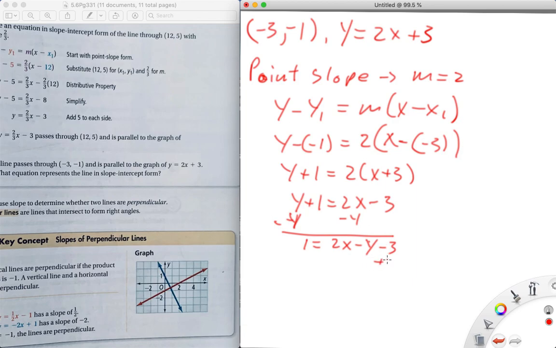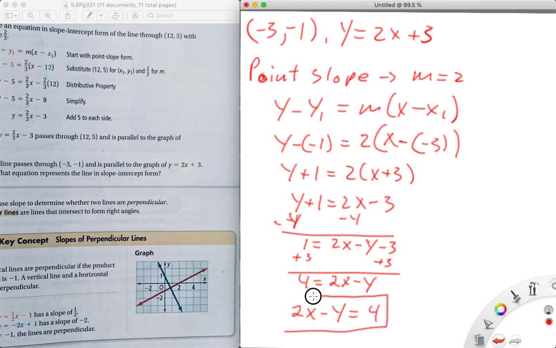Then I'm going to subtract 6 from both sides, and that gives me negative 5 equals 2x minus y. This is already standard form, but I like my variables on the left hand side, so I'll just switch these two, and it's going to be 2x minus y equals negative 5. And that's it, that's standard form, right?